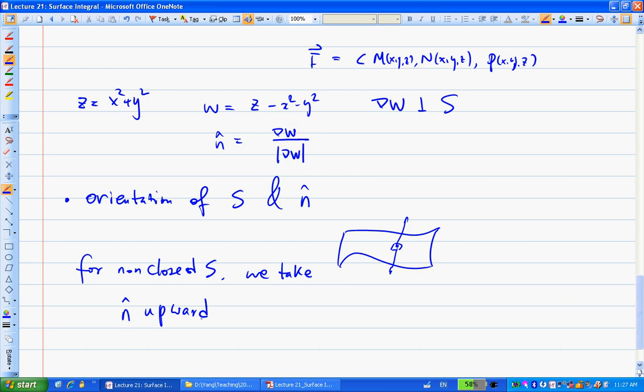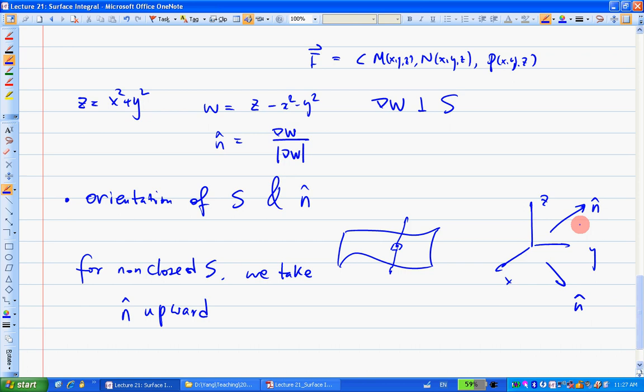So what does upward mean? This is the x, y, z coordinate system. Here maybe is n hat, and here probably is n hat. Which one would you call the upward n hat?